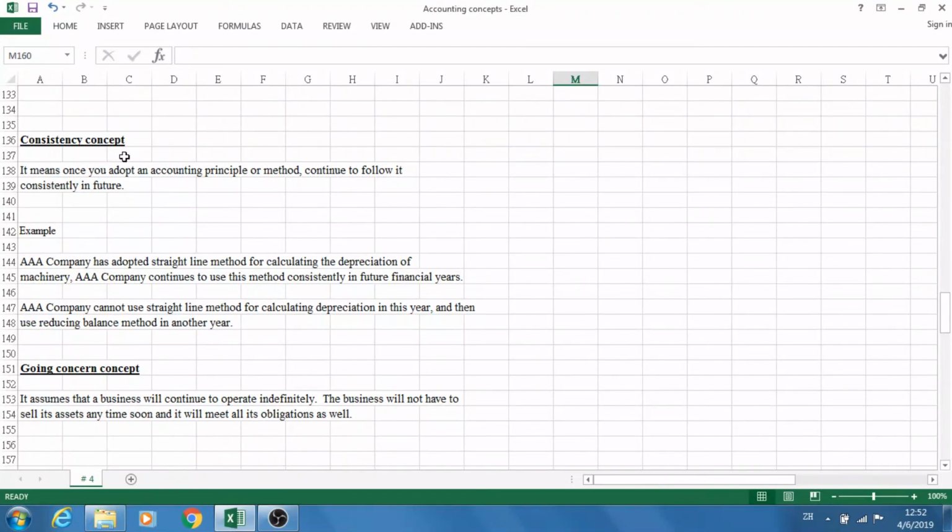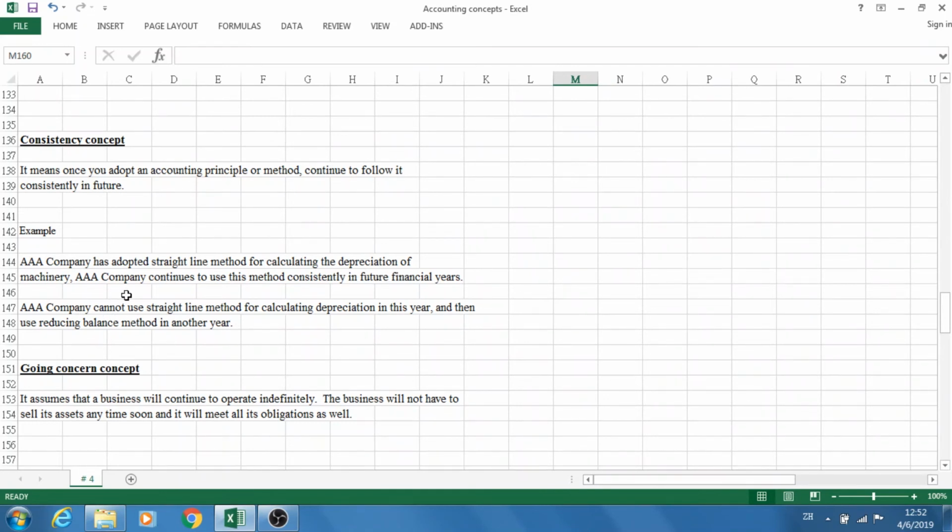Consistency concept. It means once you adopt an accounting principle or method, continue to follow it consistently in future. Example: AAA company has adopted the straight line method for calculating the depreciation of machinery.